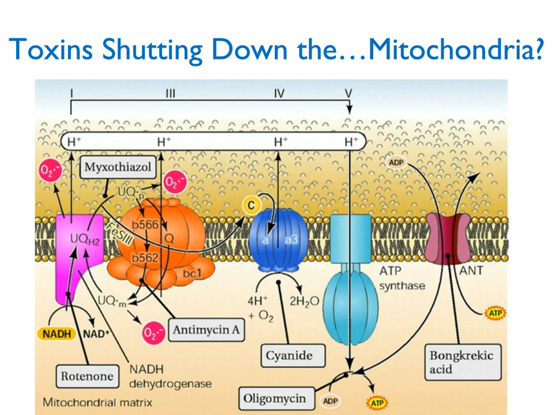If you look closely, it says rotenone here. Rotenone is Roundup, and Roundup can stop complex 1. That's very important for us to realize how devastating it can be.